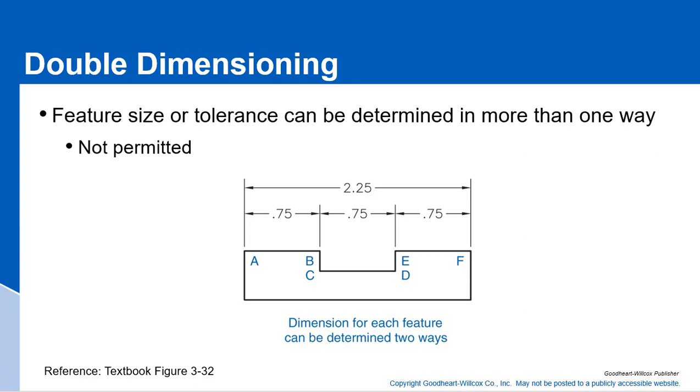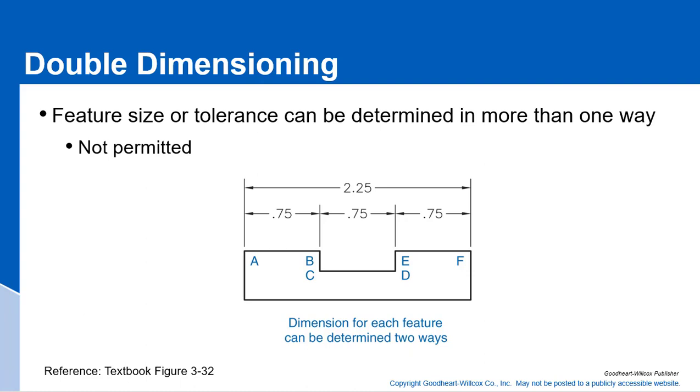Okay, here's the point on double dimensioning. This is what was in the other lesson too, but we have this part where we've got these 4 dimensions. Well, one of them needs to be basic. If you're controlling 3 of these dimensions with tolerances, the other one you can't control with a tolerance, because you need to allow that one to float a little bit.